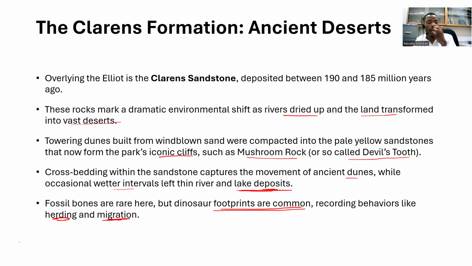Because it's warmer and drier, the wind-blown sediments are going to be deposited, covering the vegetation. So the food started to become scarce. If the food becomes scarce, what will the dinosaurs eat? They would have to migrate somewhere else. That's why we're talking about herding and migration.